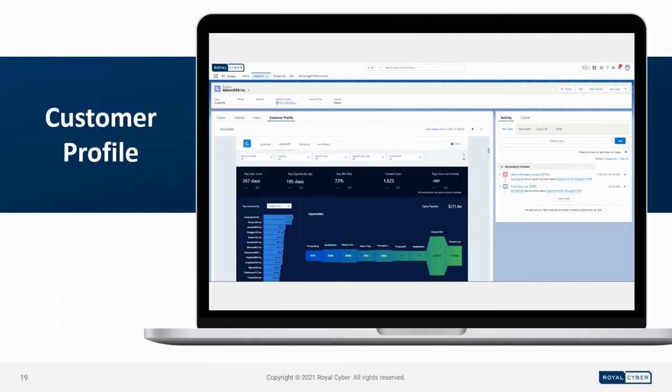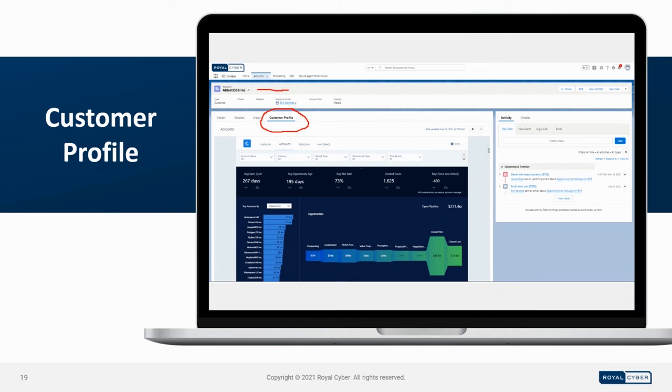So this one is a customer profile. Now if you see over here, we've got it added to an account. And what we are seeing over here is there's a tab which is called customer profile. You can get a specific profile for a specific customer. Now if somebody is engaging this customer, he can come over here, have a look.